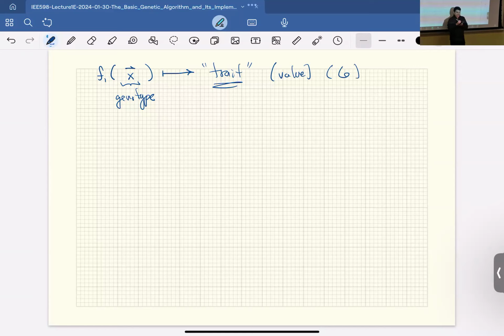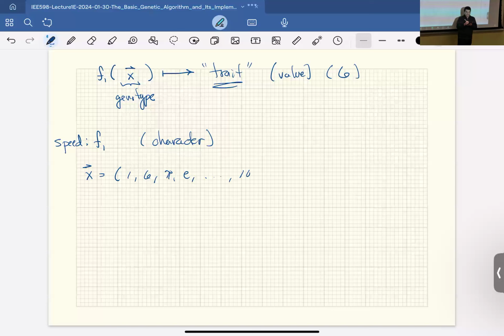That's the idea. If F1 is speed, that is a character. And if X is some combination of values, we're going to call that the genotype, or a candidate solution.